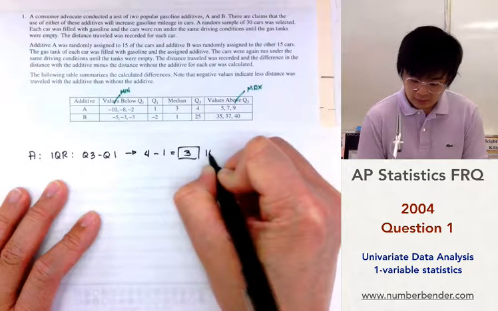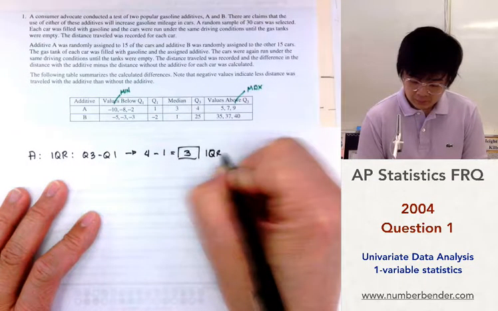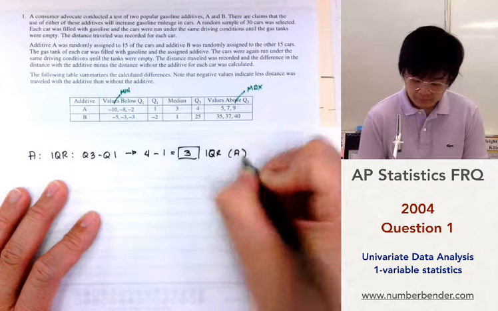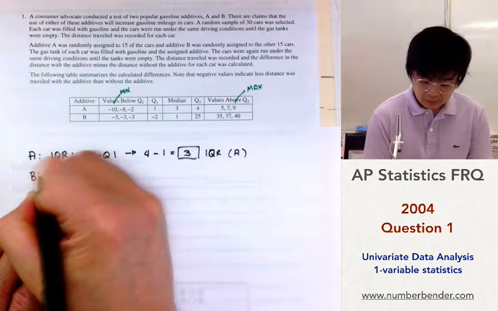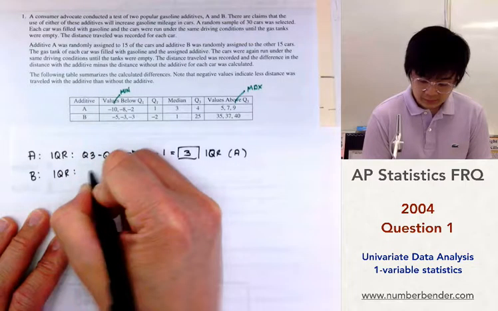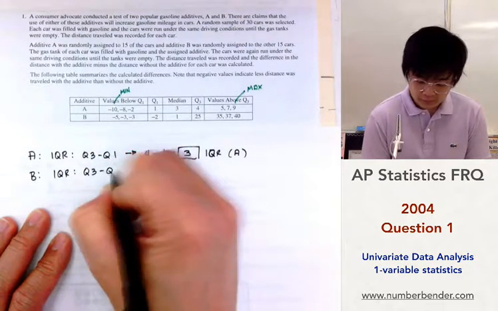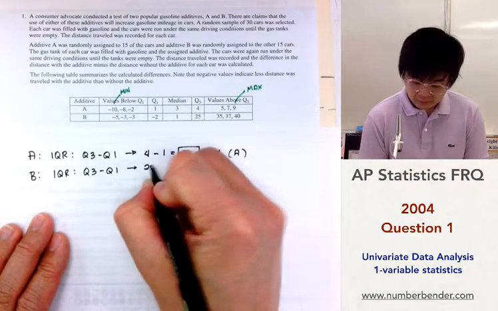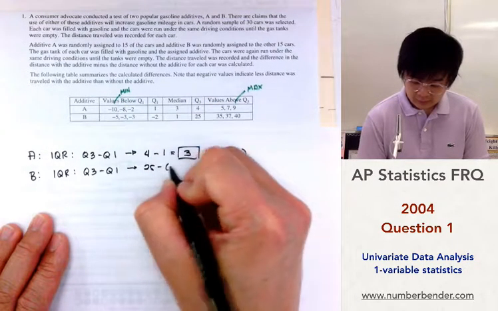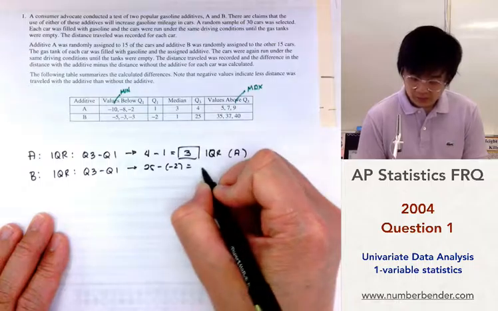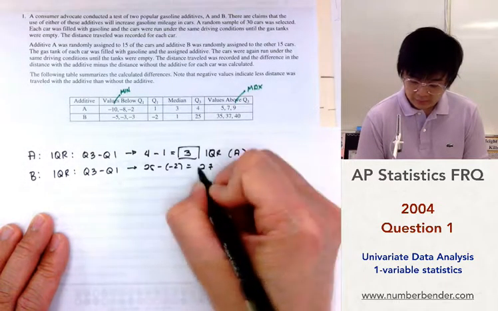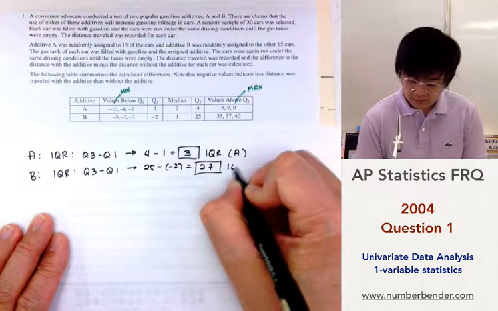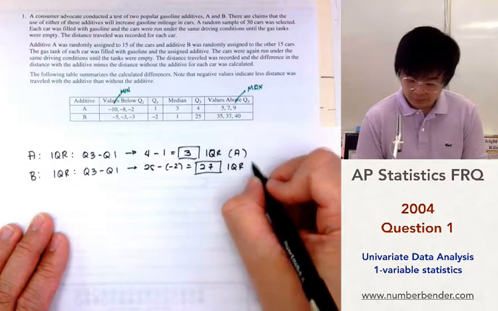So this is our IQR for A. And for B, its IQR is Q3 minus Q1, and Q3 is 25 minus -2, which gives us 27. And this is the IQR for B.